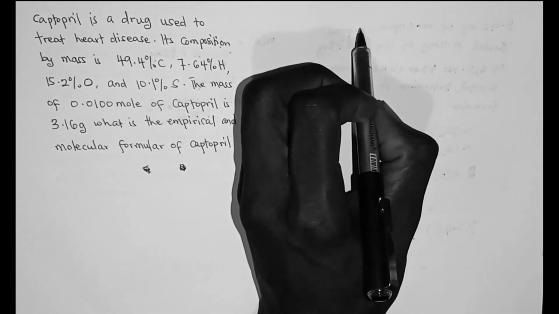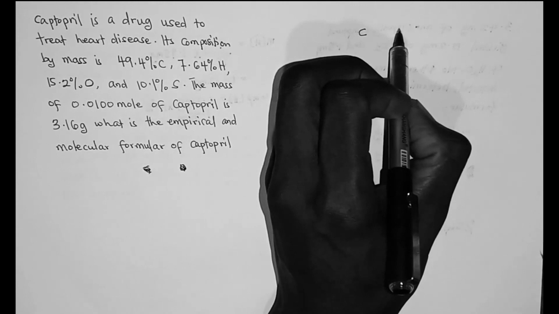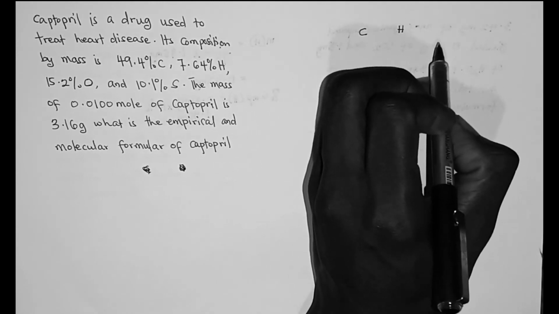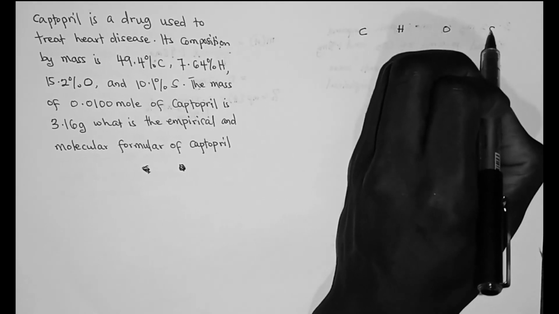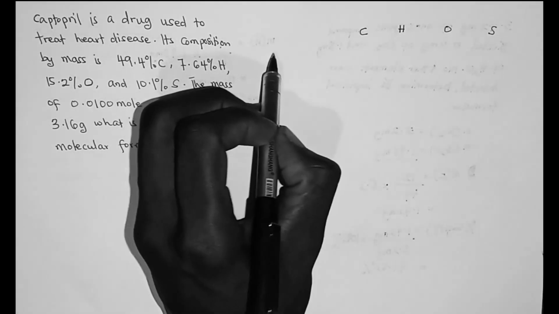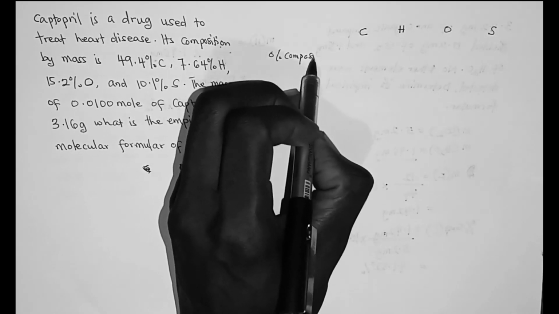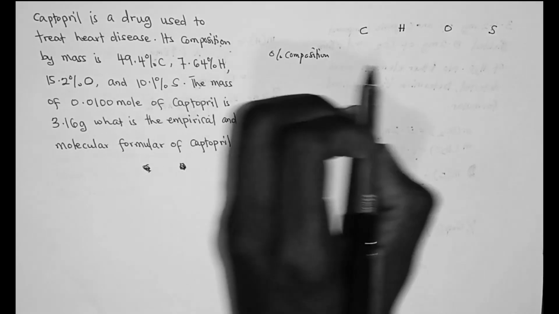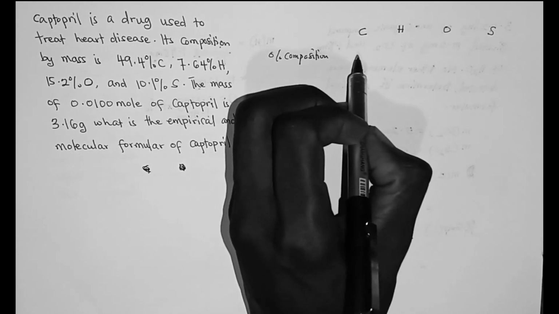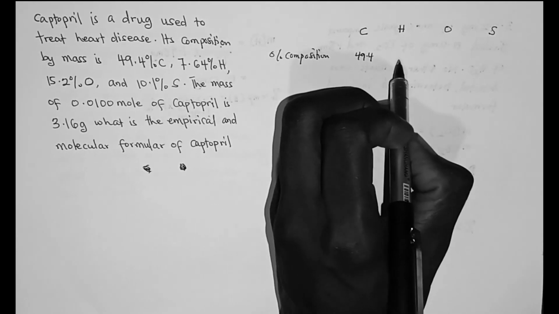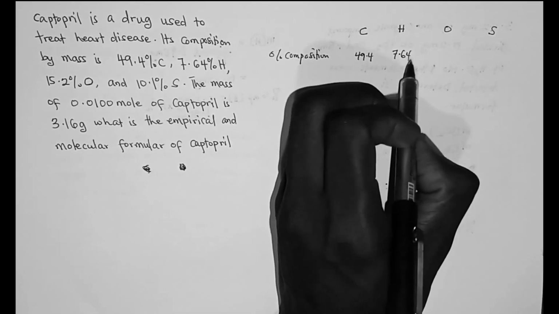The elements are carbon, hydrogen, then we have oxygen, and then sulfur. So what are their percentage compositions? Carbon is 49.4%. Then hydrogen is 7.64%.